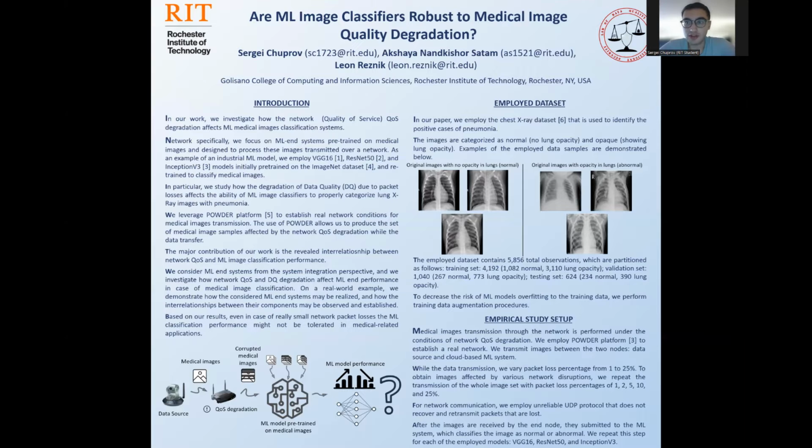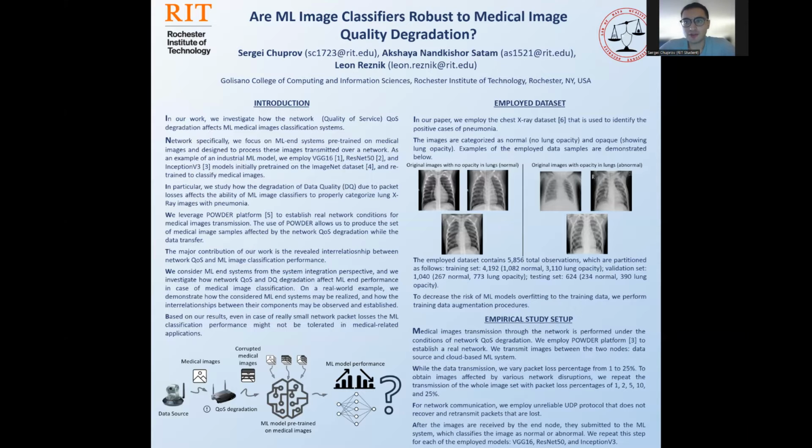VGG has the deepest architecture, and ResNet 50 and Inception version 3 have a kind of similar architecture, which you can dive into in our work. We have a more detailed description of these models in our paper. We also consider machine learning systems with an integrated network inside of these systems.